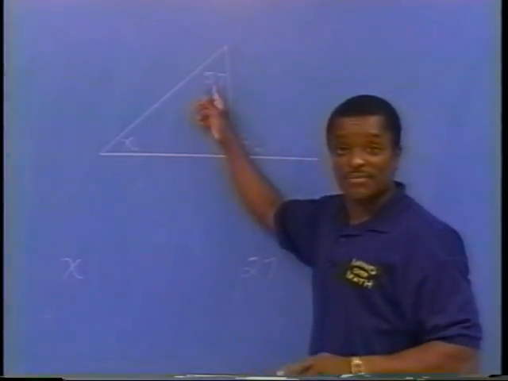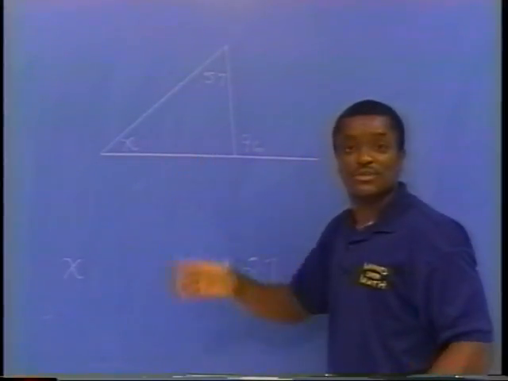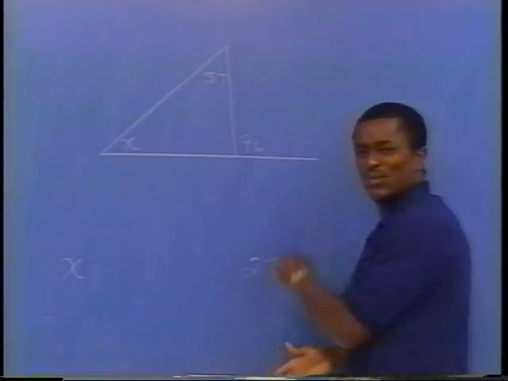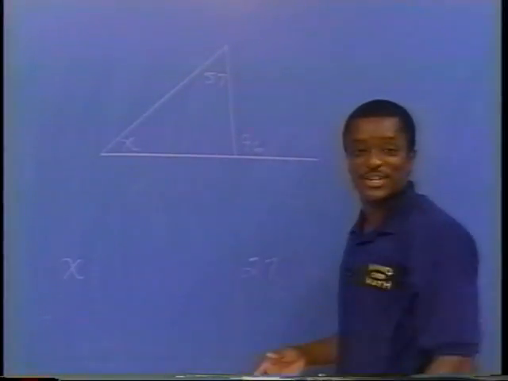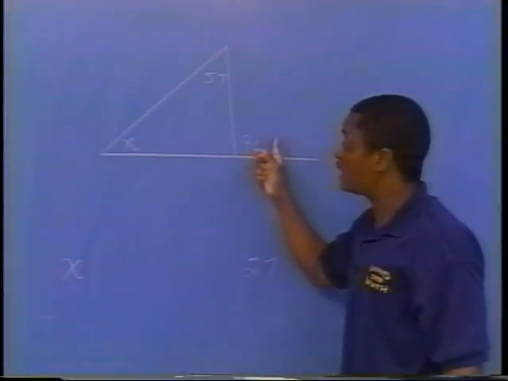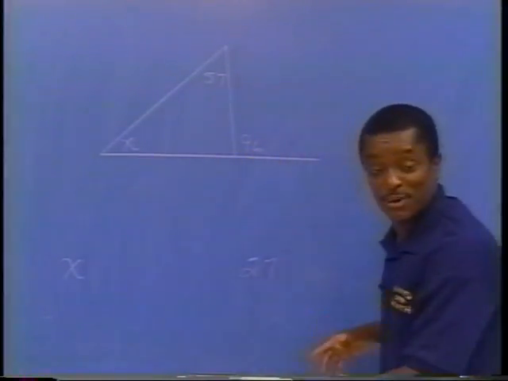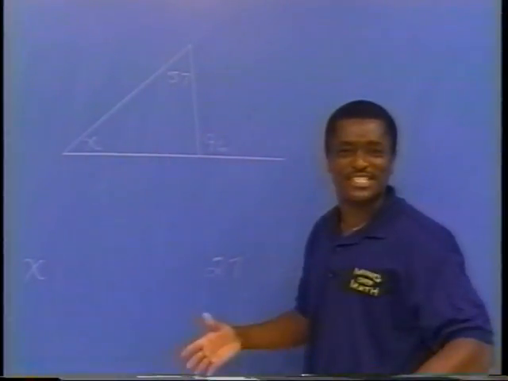We have one. We want this one. We need to find out what this angle is. Think about another concept. We just used it, in fact, in the last problem. Supplementary angles, right? The sum of these two must be equal to 180. Well, let's subtract 96 from 180 and find out what this angle is. And then the rest is trivial.